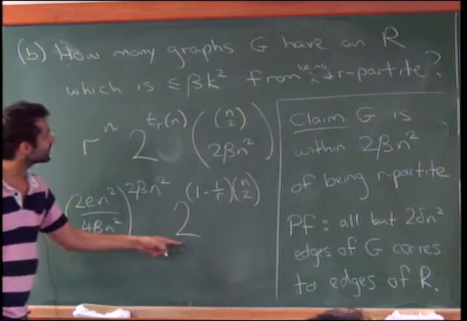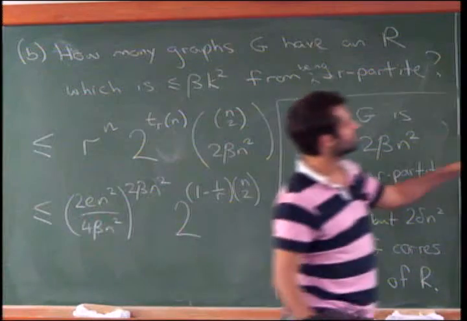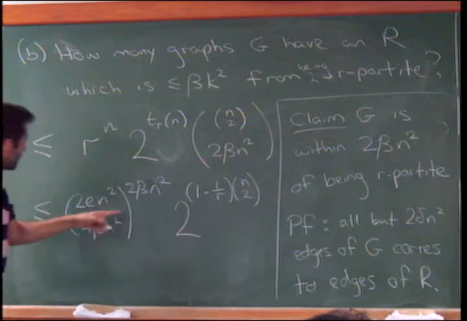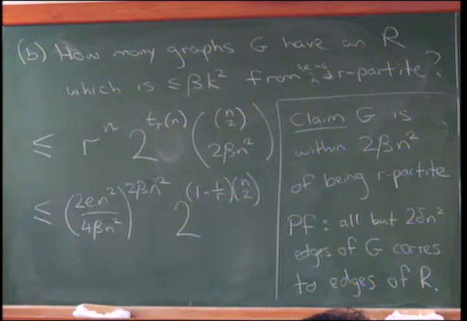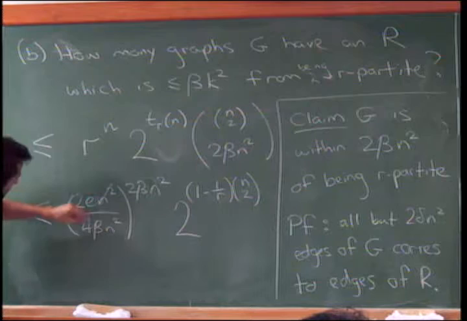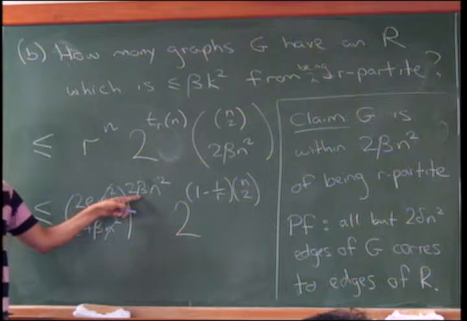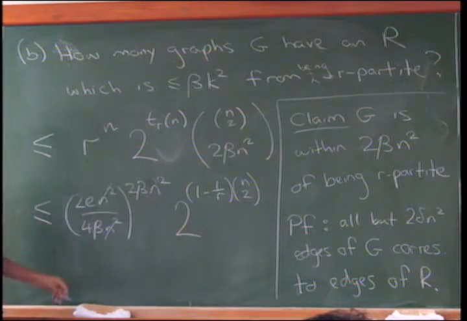So now we get something that really is bigger than 2 to the extremal number of H, but only by a little bit. So again, we can cancel the n squareds. We get 1 over beta to the beta to the n squared.